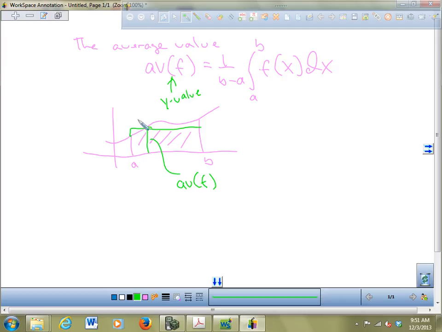that when I multiply that y value by the width of the interval, it would give you the exact area underneath that curve.